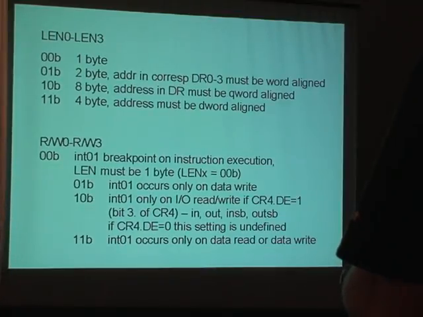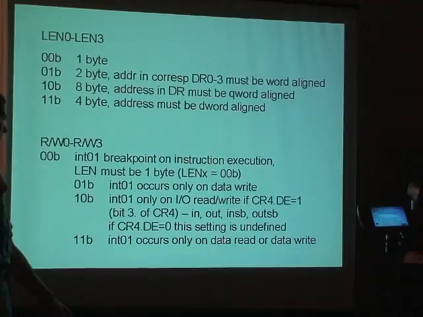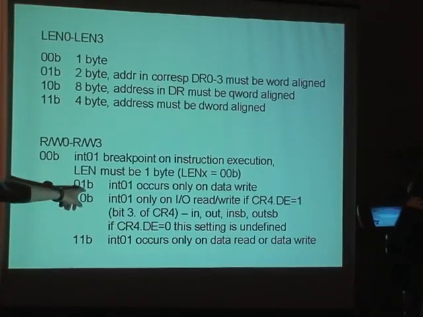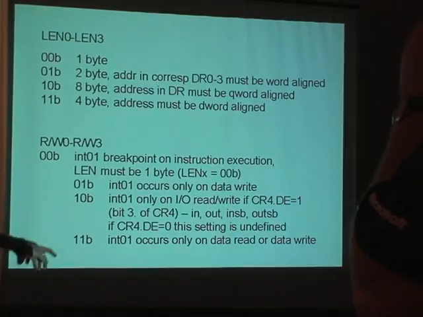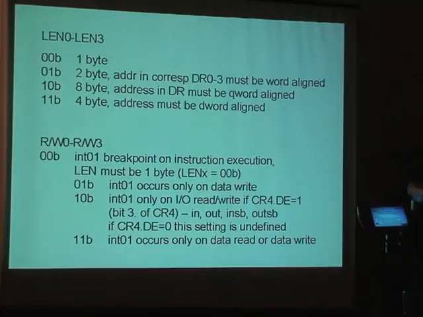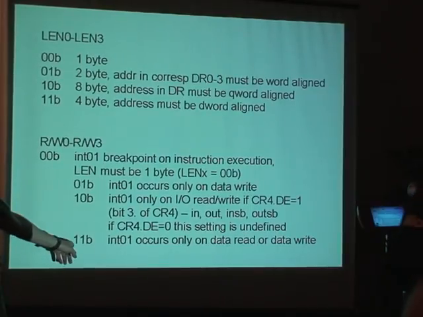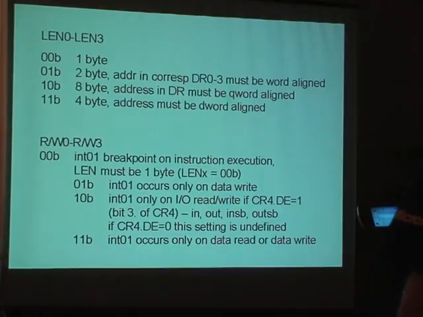We have 2 possibilities. We may want to watch writing into memory, and in this case we set only bit 0 of the type. If we want to watch memory reading or writing, we have to set both bits on.